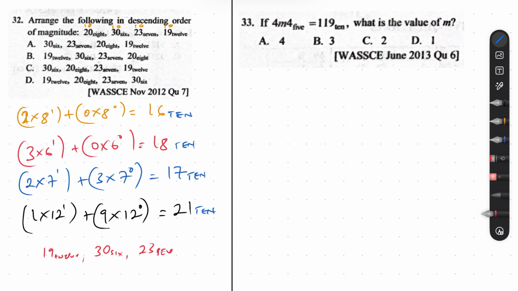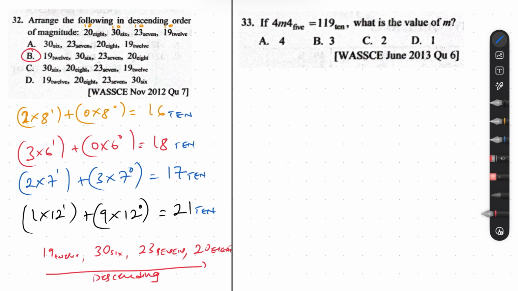And then finally, we have the last one, which is what? 16, which represents what? 20 base 8. Descending order. Okay, so this is our answer. Do we have it right there? Yes, which is B. B is our answer.